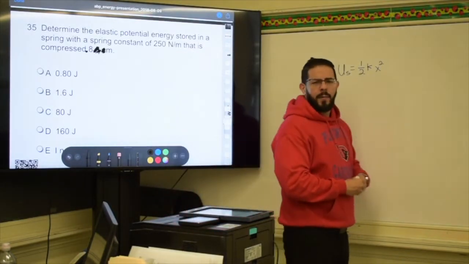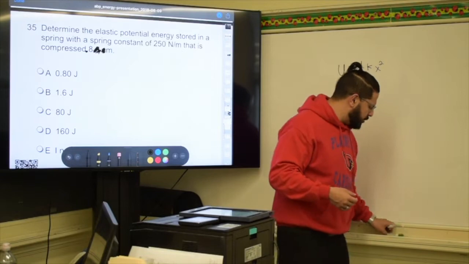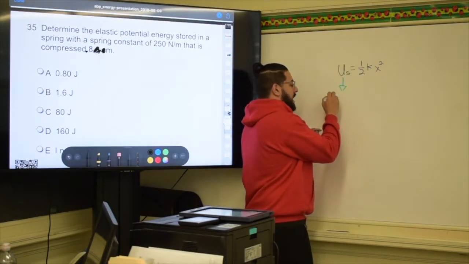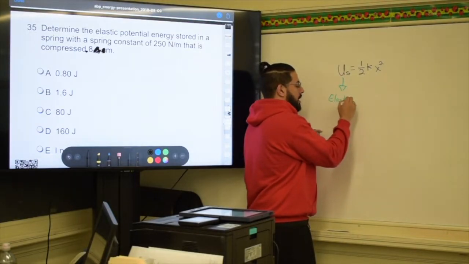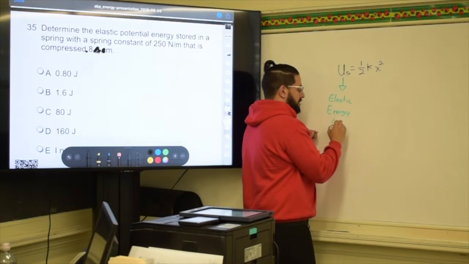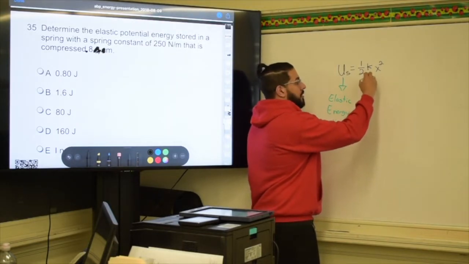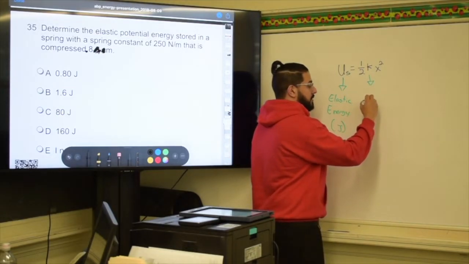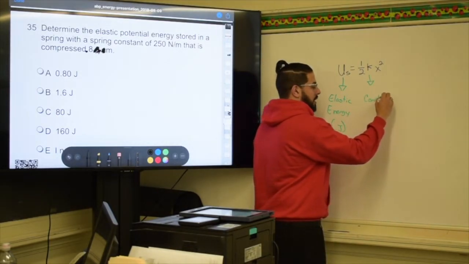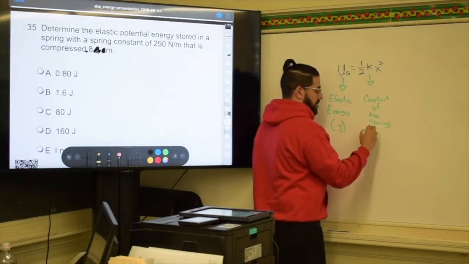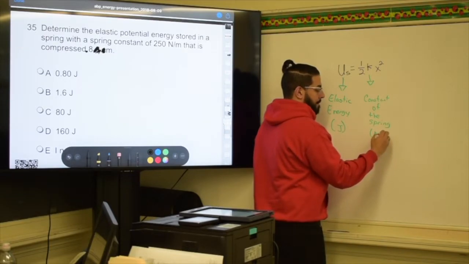Now, talking about the units, in this one we have U_s, that is the elastic energy. The unit is J. For k, that is the constant of the spring, the unit is Newton per meter.